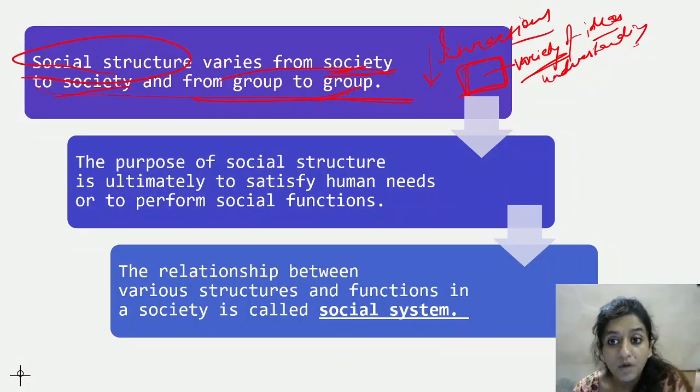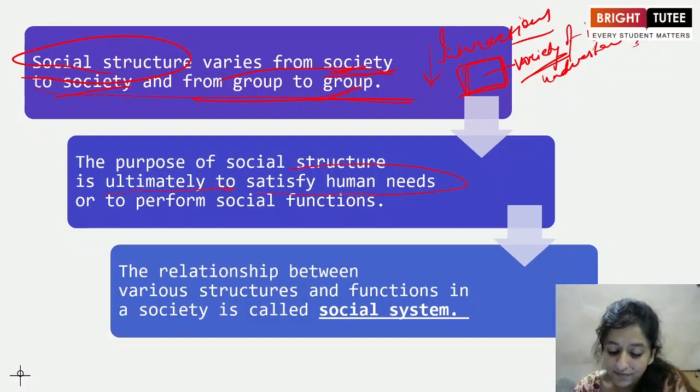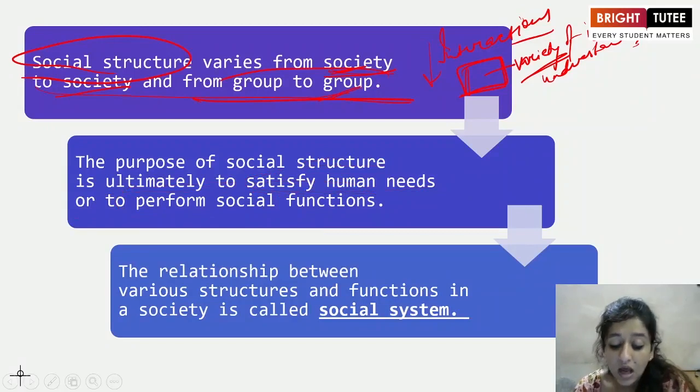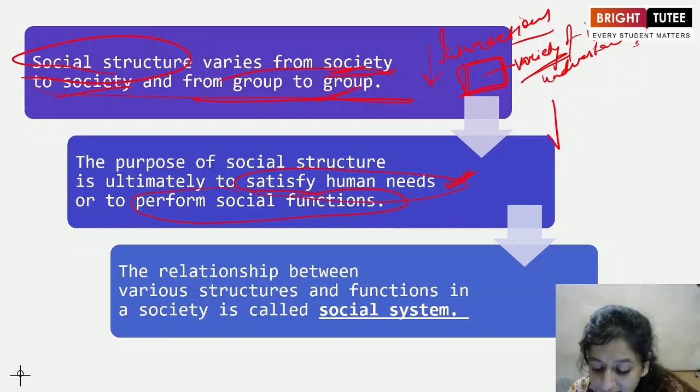So, the purpose of the social structure is ultimately to satisfy human needs or to perform social functions. So, what is the reason? What is the requirement of the social structure? One, it is to satisfy human needs. You have to have that structure so that you reach the end product and your need is satisfied.